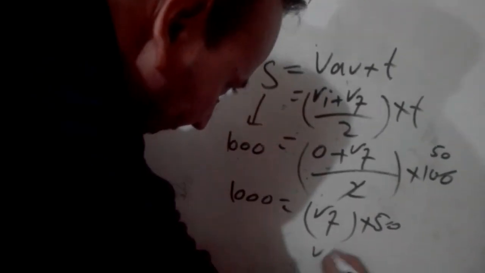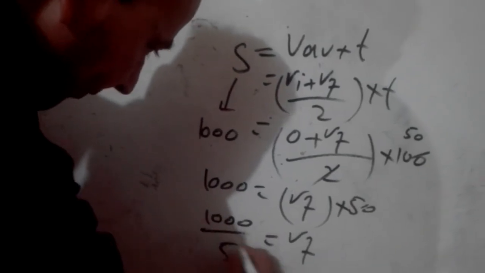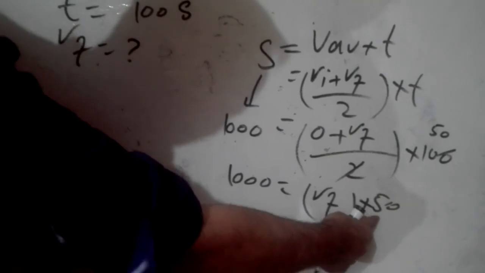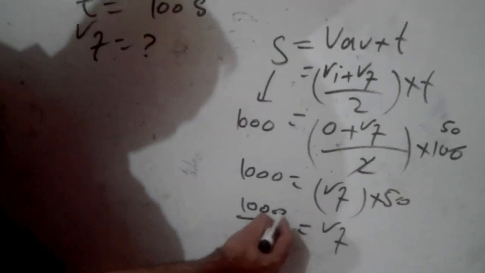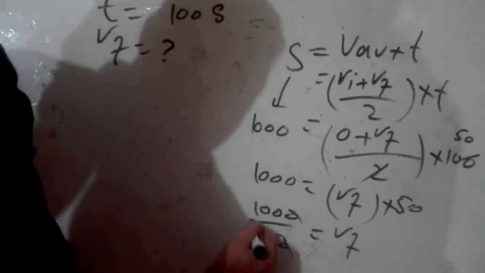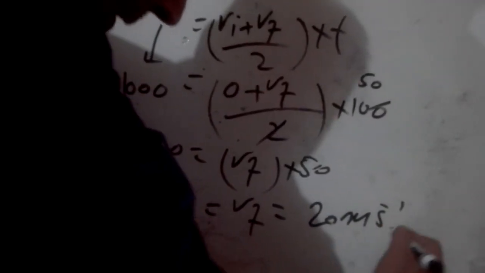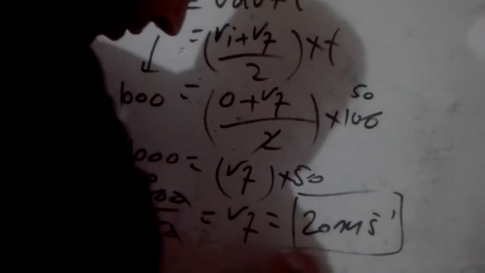Here you can write Vf equals 1000 over 50. I think you know this rule. The 0 can be cancelled with this 0. When you divide 100 by 5, the answer is 20. It means your answer is Vf equals 20 meter per second. So it will be the final velocity.